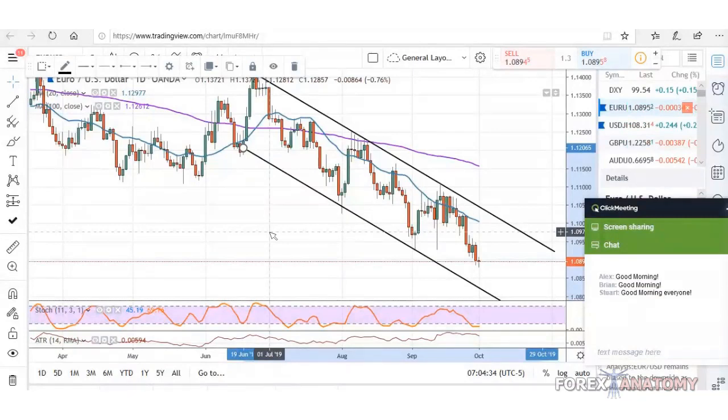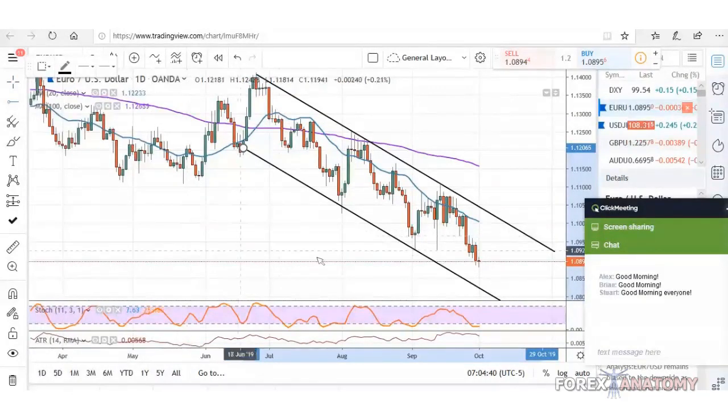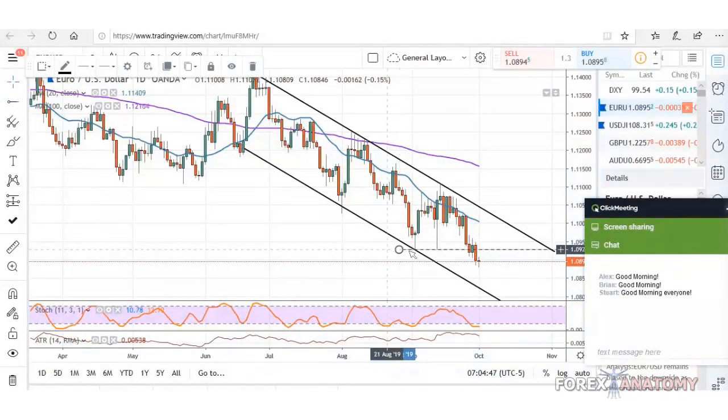If you look at price now, you can see that price recently made a new low. Today we made a new 2019 low. Let me first draw this in because this is important. This is our structure. This was the low prior to this week, or really prior to last week.